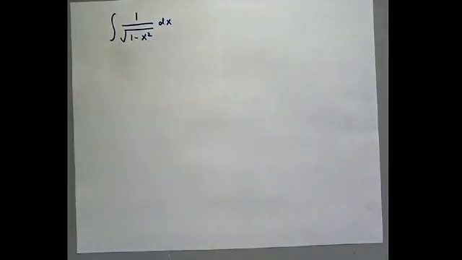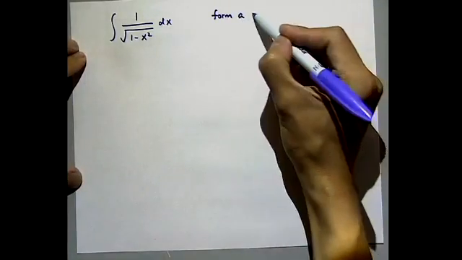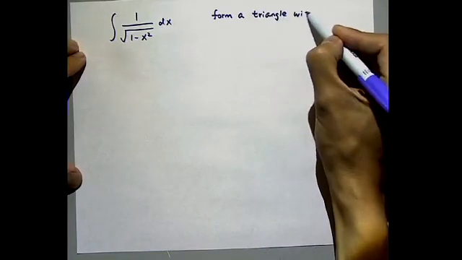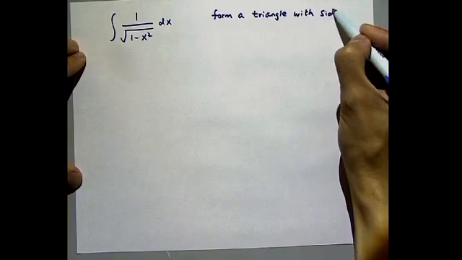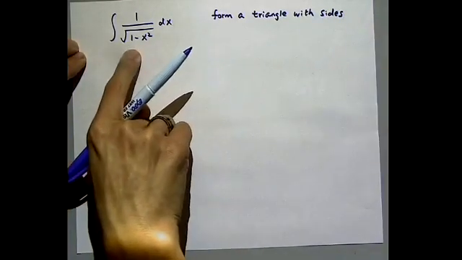The first thing we're going to do here is to form a triangle with these three sides. The first side is this stuff in the denominator.